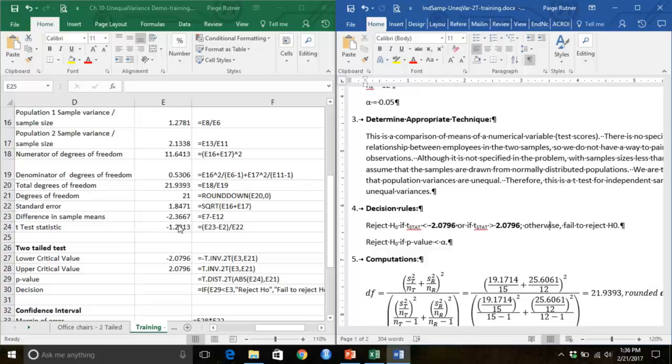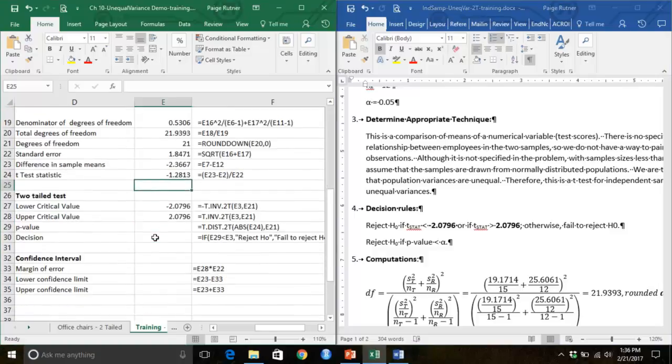We will not reject the null in this case. So we will conclude that we don't have evidence to say that there is a difference in the outcomes between the two different training methods. Now, I do want to do a few more computations to support that. I'd like to compute a p-value and a confidence interval. So I'm going to go ahead and continue making computations before I state that decision.